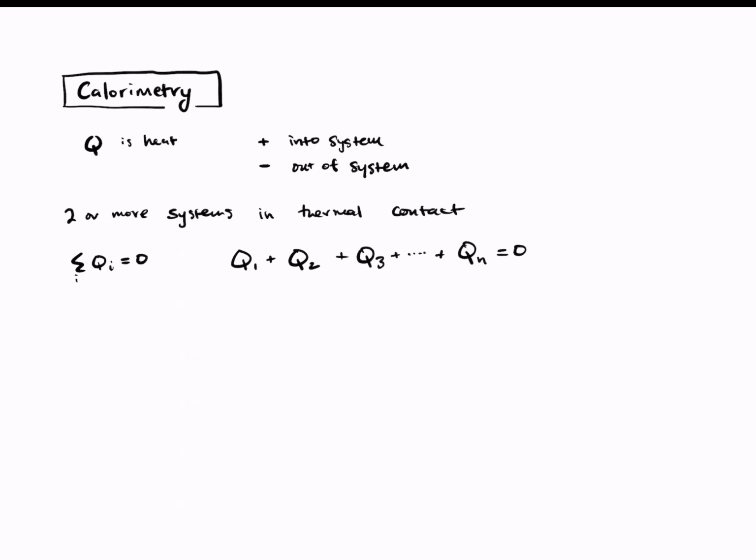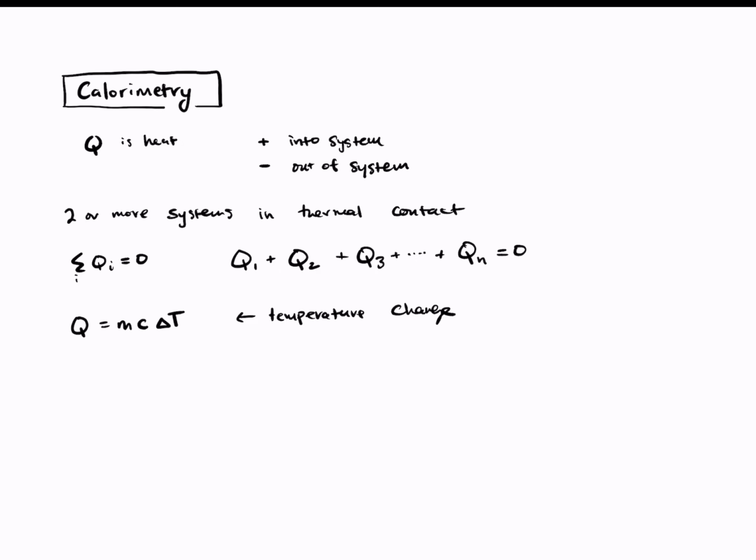So if you're dealing with ice melting, that means you need one Q for ice to go through a phase change and one Q for ice to change temperature, because we have two different types of heat that we can deal with. So we have the classic Q = mcΔT. This is for any temperature change. And you notice this is within one state, so within the same phase.